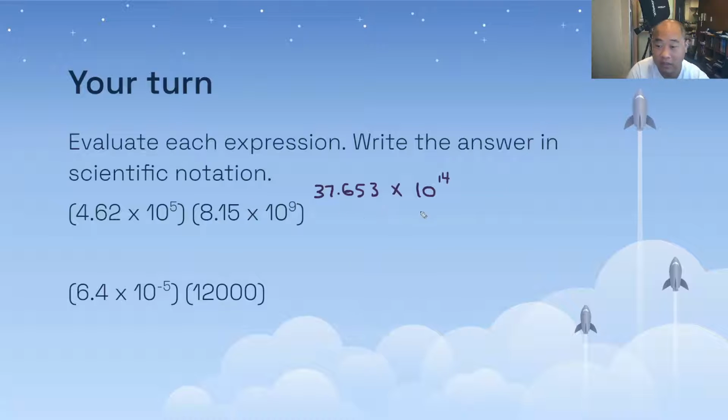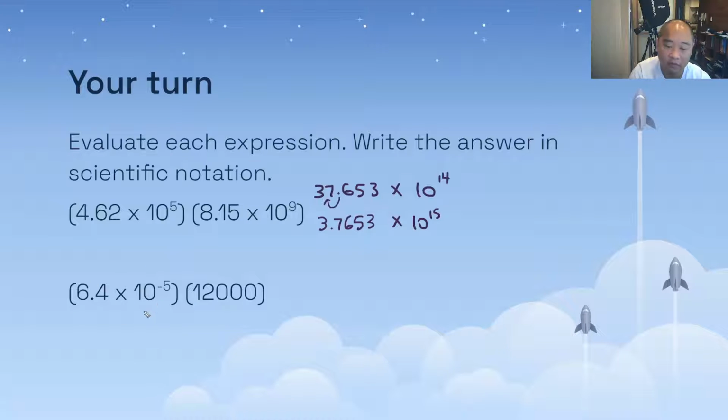But we don't want to leave this number like this because, remember, in scientific notation, we want the decimal to always be after the first digit. So we need to divide this number by 10, which means we need to multiply this number by 10, right? We need to move this over 1, and then we need to add 1 to this. So this is going to be 3.7653 times 10 to the 15.